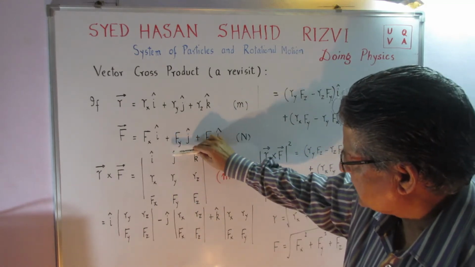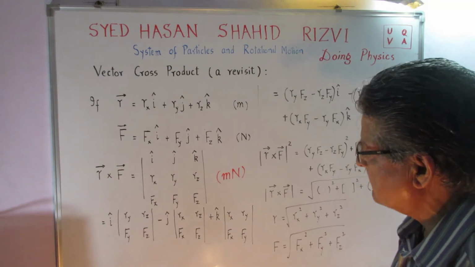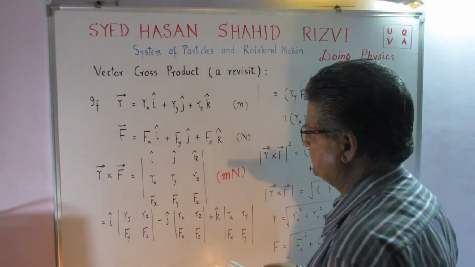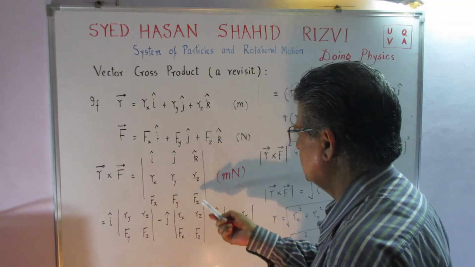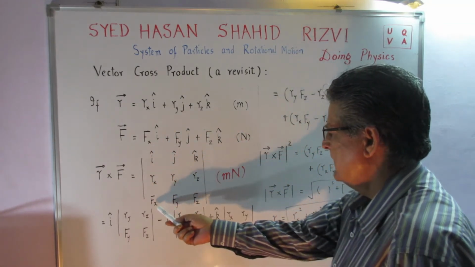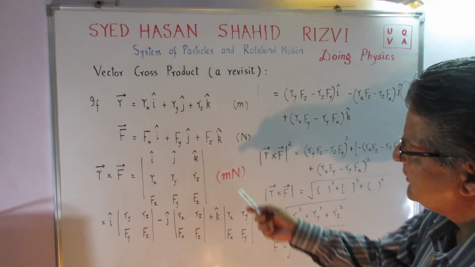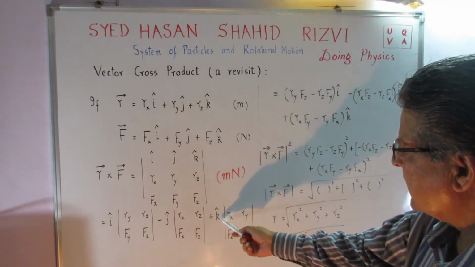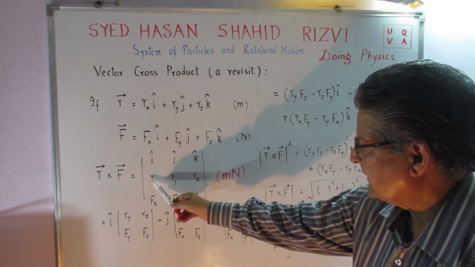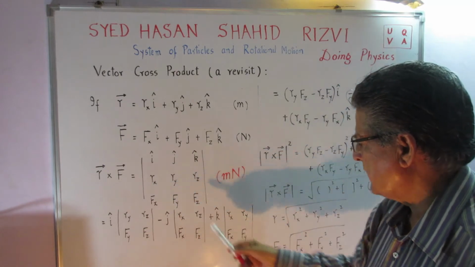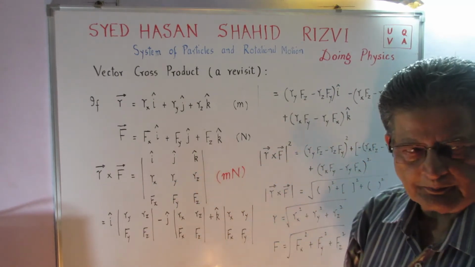In the second case, associated with j cap, I write Rx, Rz, Fx, Fz, like here. And for the third part, K cap, this is gone, and then I have Rx, Ry, Fx, Fy, which I write over here.